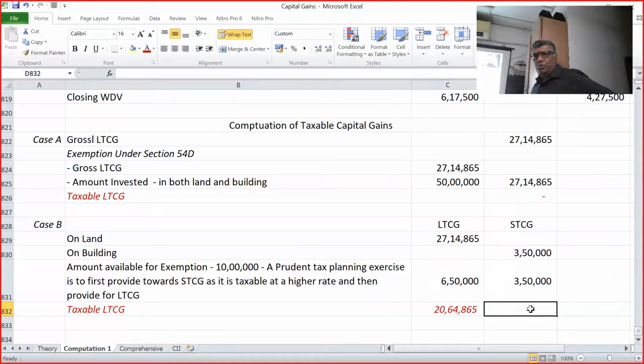Am I clear to you? Why am I giving it to the building first? Because it will be taxable at a higher rate. Whenever there is both LTCG and STCG, not only in this section, 54G will also have a similar question. That's a very popular section for questions. So first we should provide for STCG, then LTCG. The balance amount will be only for LTCG.